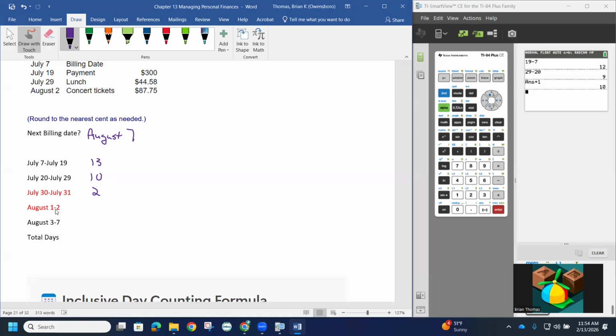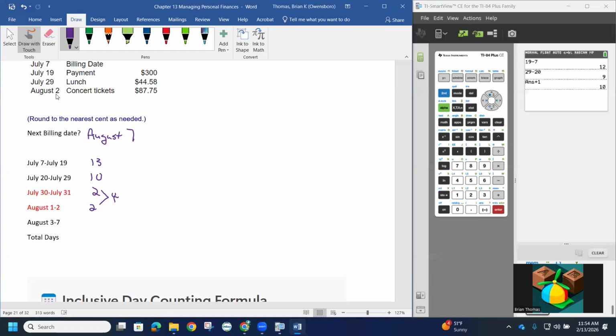And then August 1st to August 2nd would be 2 more days. So from July 30th to August 2nd, our balance would stay the same for 4 days.